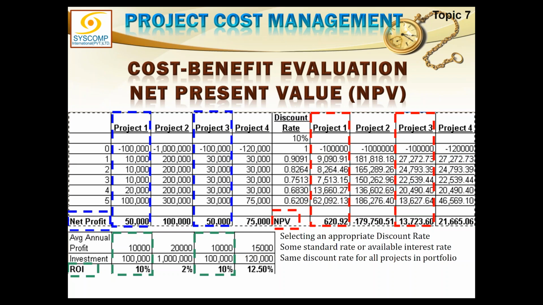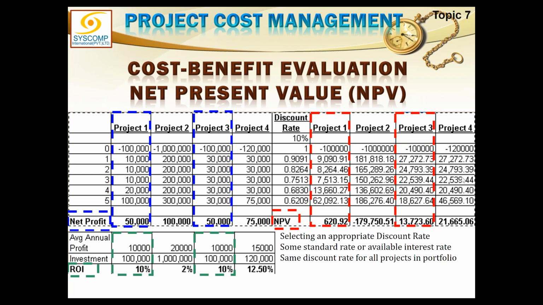Looking at this result, we see the best project is project 4. From the NPV point of view, the best project is project 4. And now we are capable of comparing project 1 and project 3, which when we compared earlier were no different from each other. In net profit, in ROI, they were the same.